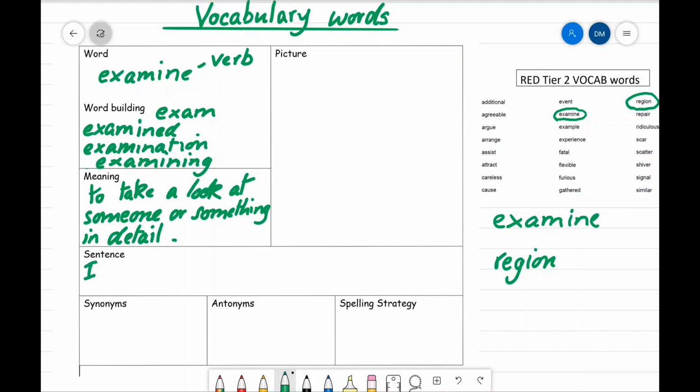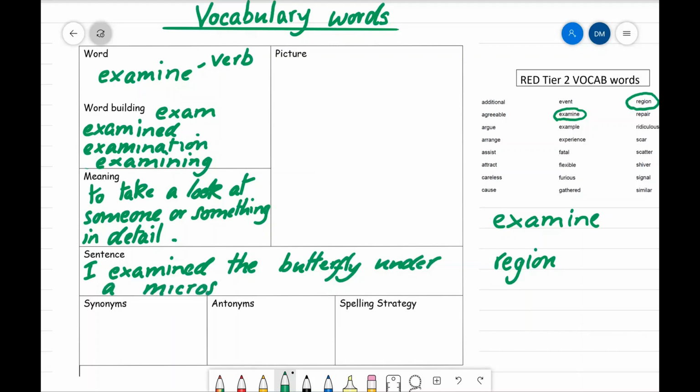I examined the butterfly under a microscope. Alright, I had a really good look at something, in this case the butterfly, under a microscope.